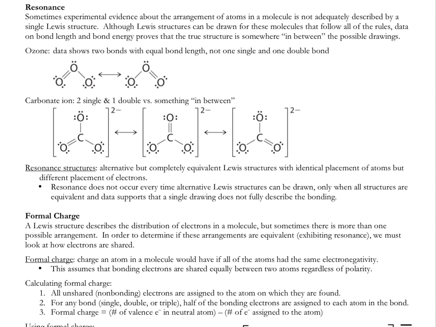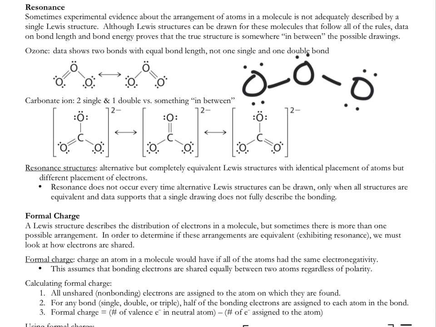So if we wanted to draw this, there's definitely an oxygen in the middle with two dots. It's definitely connected to these other oxygens, and in every single picture these oxygens have at least 4 dots on them. But on one side it's got 6 dots and a single bond, and the other side has just 4 dots and a double bond.